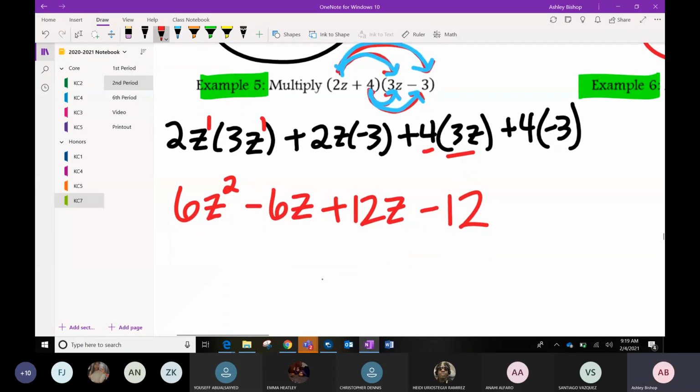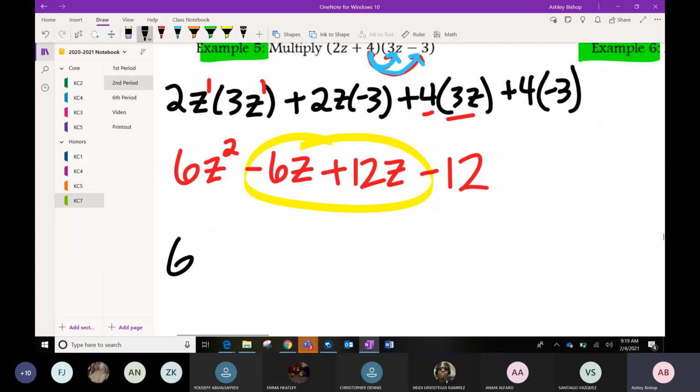All right, you must clean this up as much as it will go. Whenever you do the FOIL method, the middle two terms should always clean up. If you left it like this, you would lose half a point. This isn't cleaned enough. So 6z squared is cleaned up plenty.